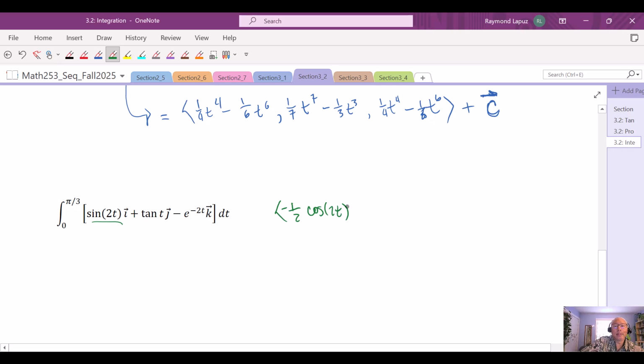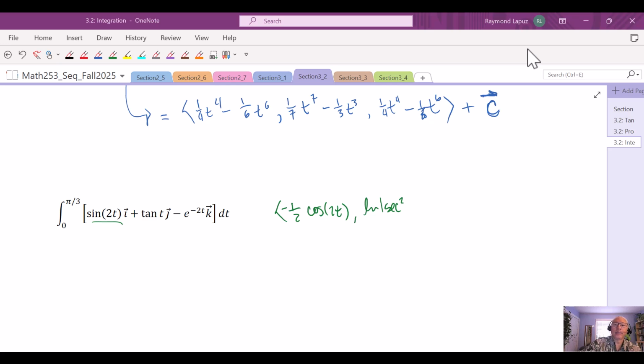And then our next is going to be the tangent t. The antiderivative of tangent is, if you remember, ln of secant.